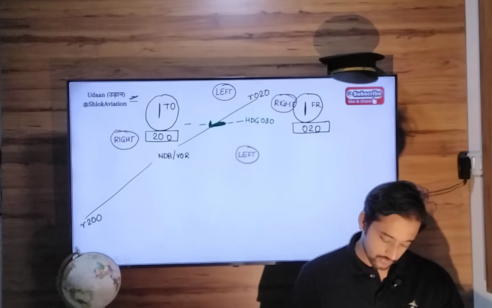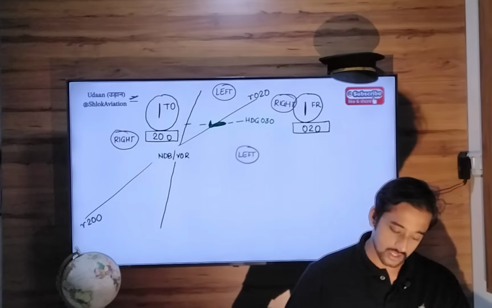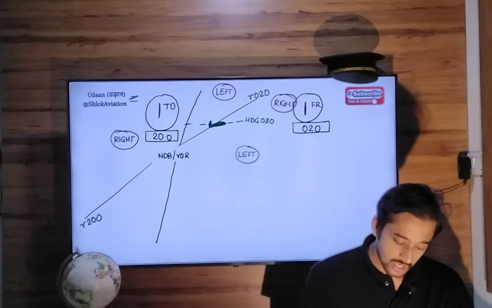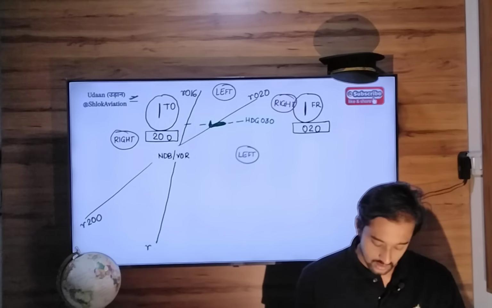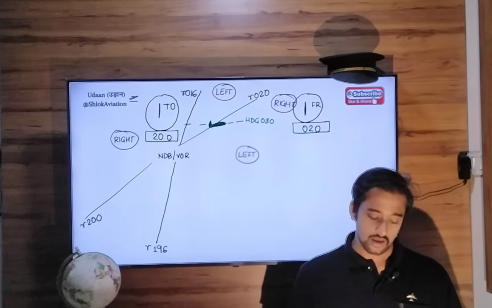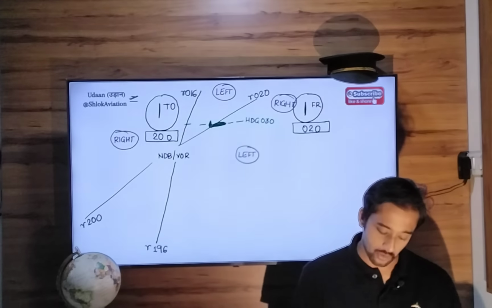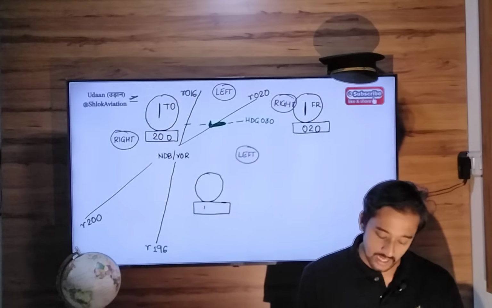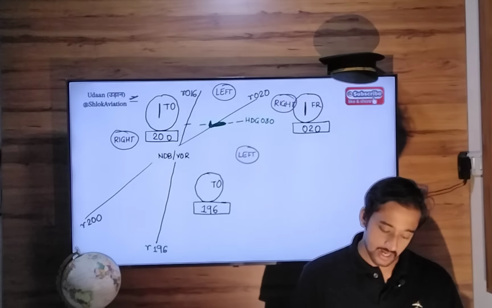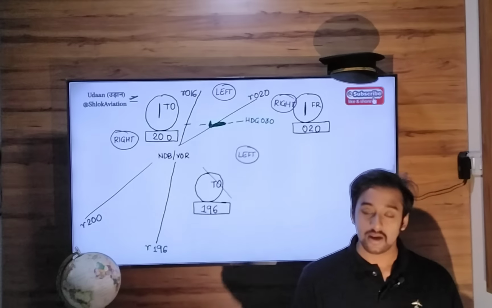So that means this is one radial and the opposite of this. So this is radial 016 and this is radial 196. So that means in the OBS selector you have actually put a setting of 196, and that is why you are getting a TO indication, and the CDI needle has moved to the right hand side.